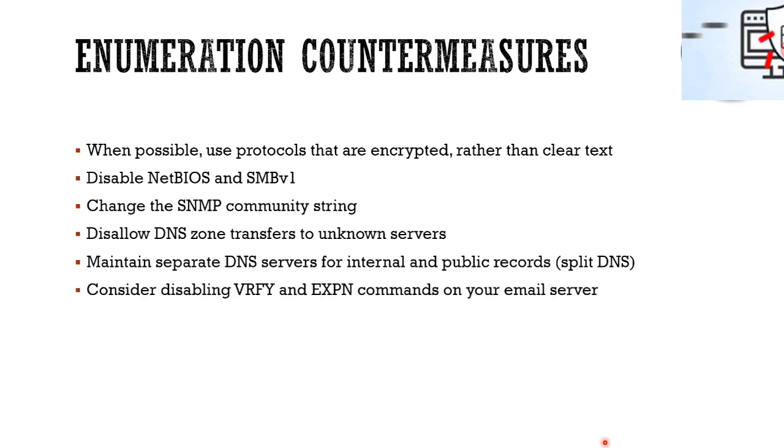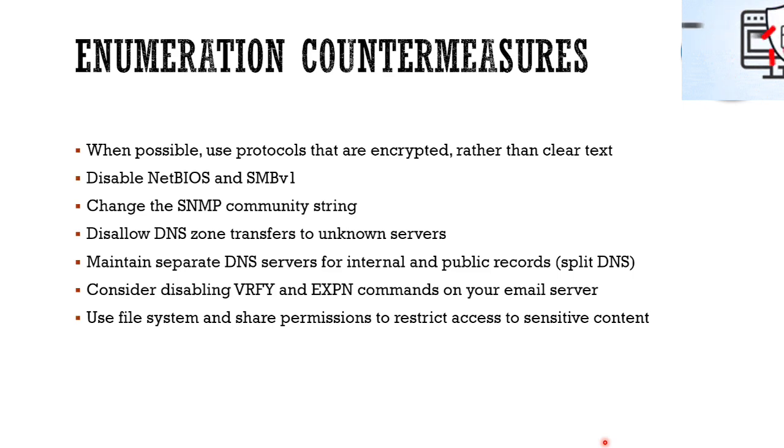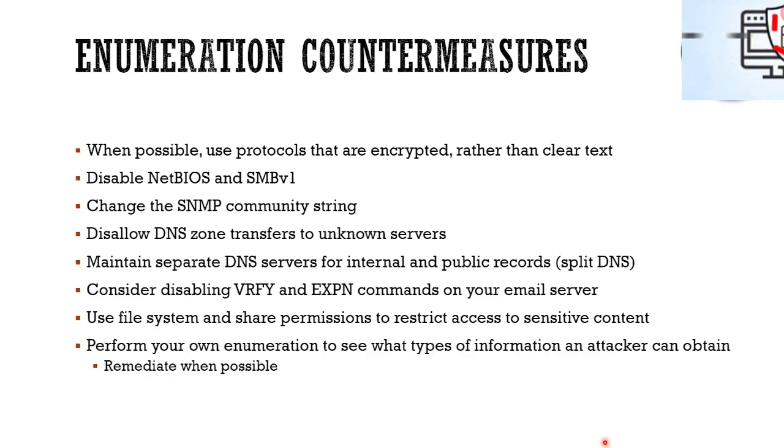Consider disabling some of those SMTP commands on your email server, especially verify and expand. Use file system and share permissions to restrict access to sensitive content over the network. Perform your own tests, see what you turn up, and then shore it up when possible.